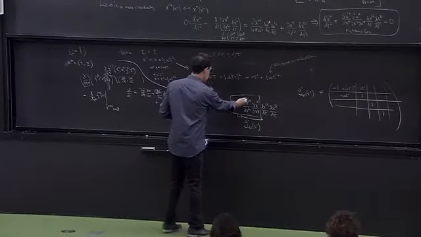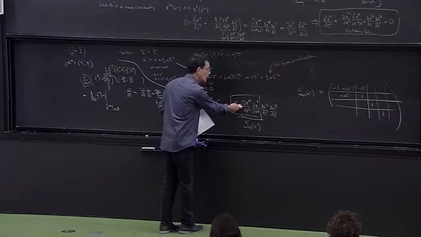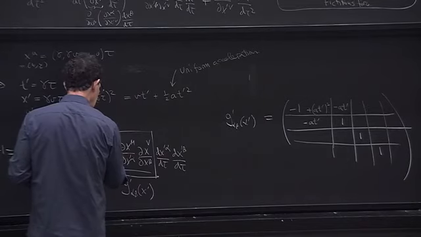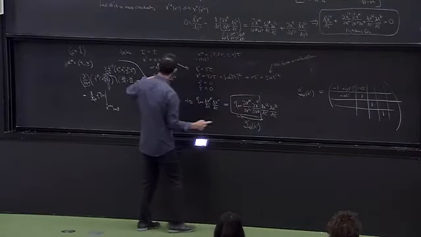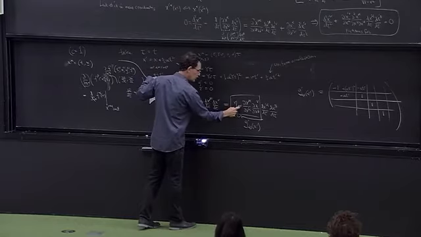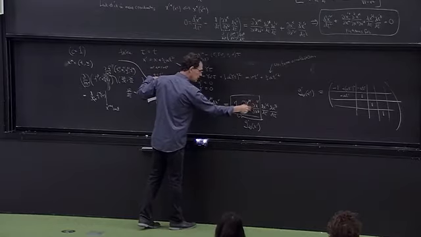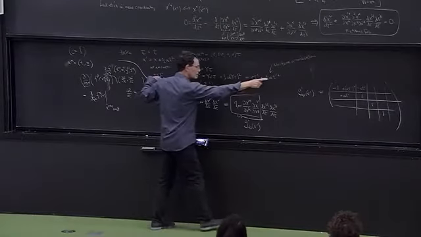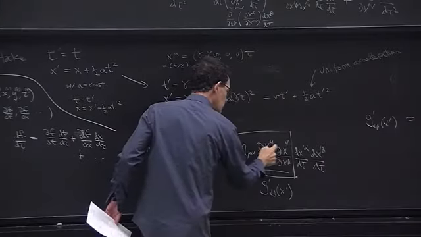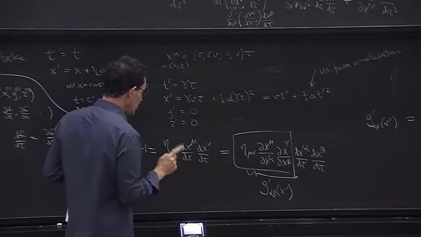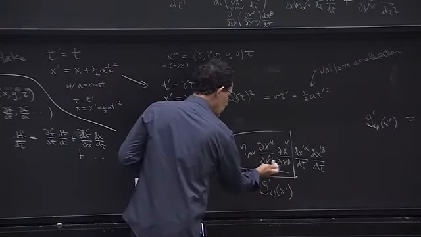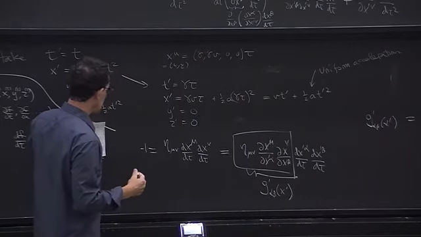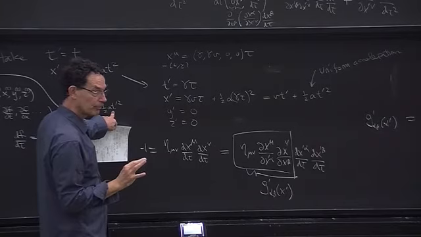Now, how do I calculate this? Well, let's do the 0, 0 component. This is minus 1 in the 0, 0 component. So I'm going to get dt dt prime. If these two are 0, this is t, so I get dt over dt prime squared. So the first piece of this is minus 1, coming from these two indices both being 0. But notice that if these two are both 0, I still get something, because dx dt prime is not 0.